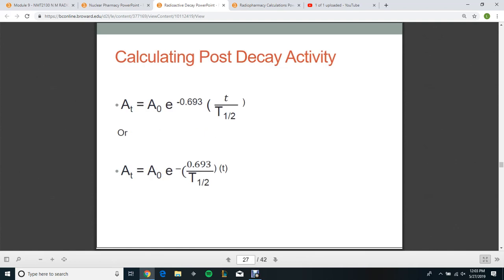Calculating the post-decay activity. The activity at time t is equal to the activity at the original times e with the exponent of negative 0.693 times time divided by half-life.